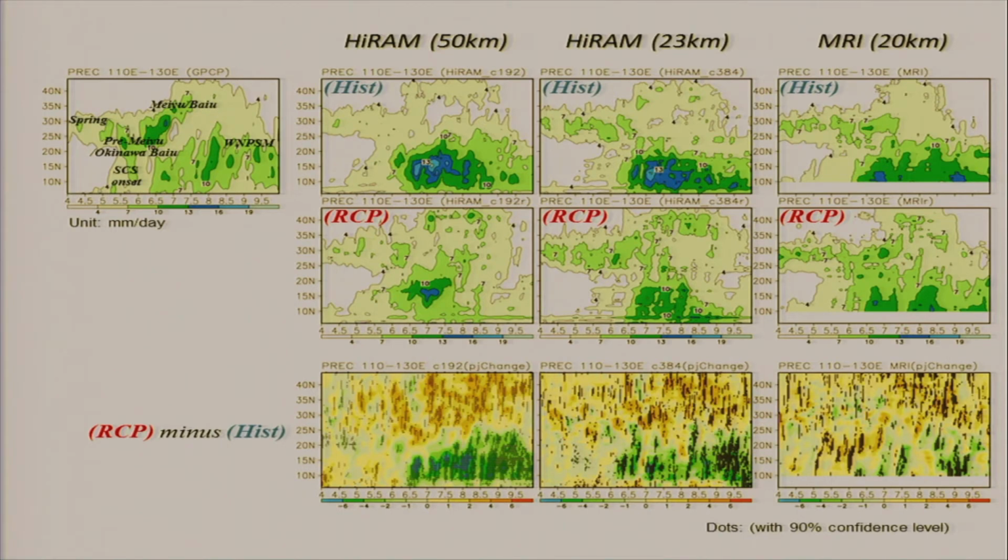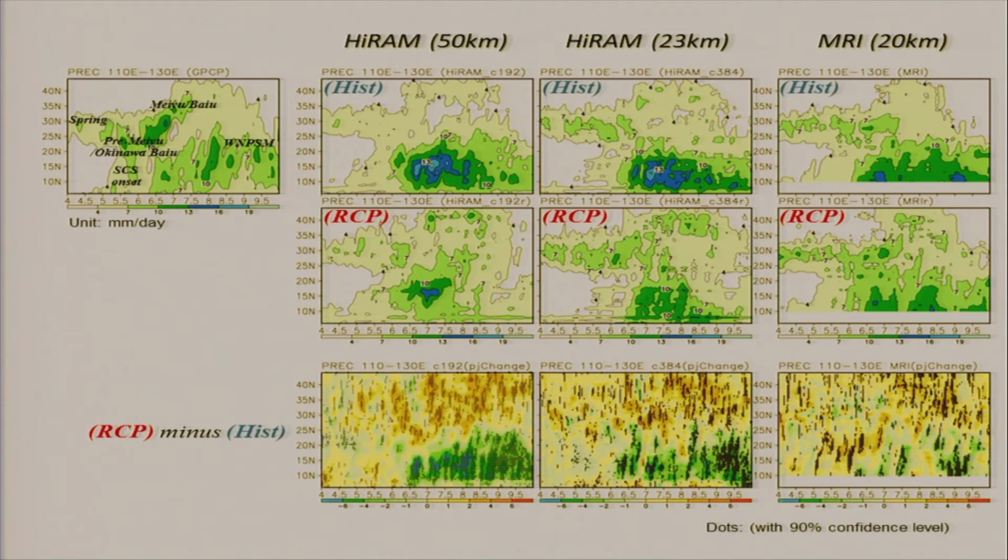Three model outputs are compared: the 50 kilometer and the 23 kilometer from HiRAM, and this is the MRI result. And this is their RCP simulation. So higher resolution can have better performance. And you can also see a little bit of difference in the future climate projection.